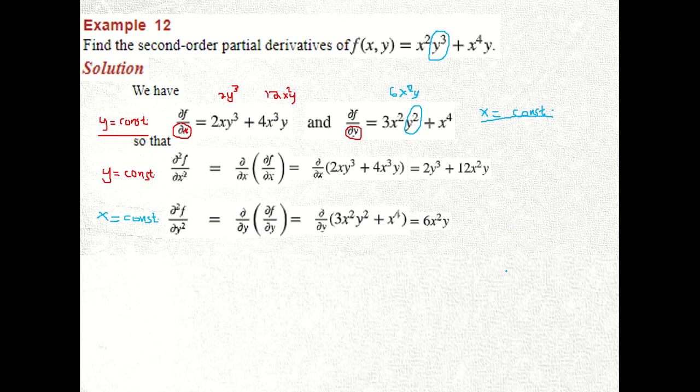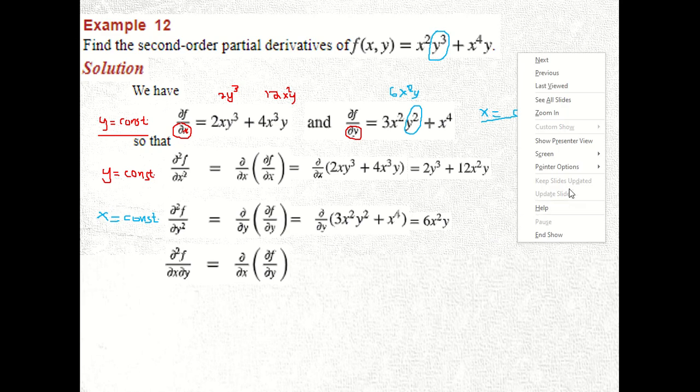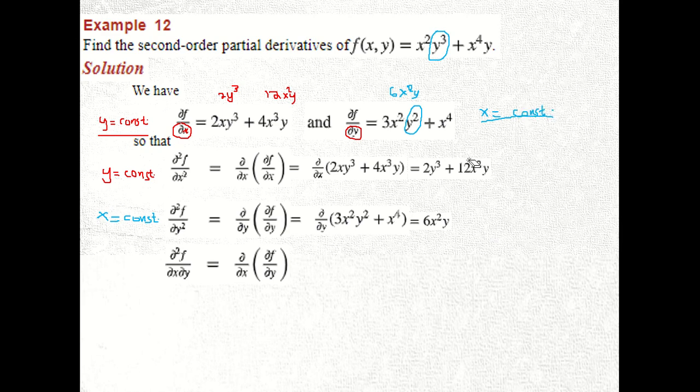Next we have the partial derivative of the function with respect to y. This is the result. I'll delete this first. Now we're dealing with this part.